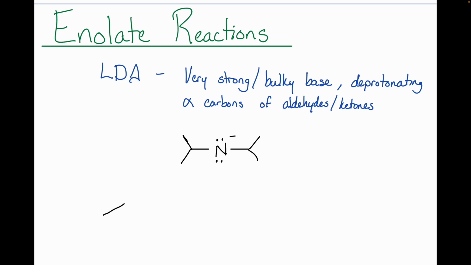So the idea was we could take an aldehyde or ketone and, by treating it with LDA, we will deprotonate that alpha carbon, creating one of those enolate ions.